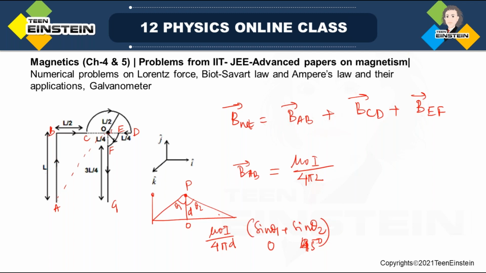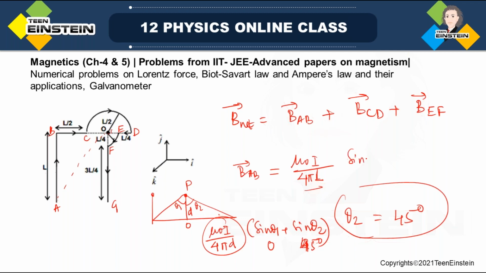That's why it is 45. So theta 2 will be 45 degree for the given geometry, because this is L and this is also L. Now we have to write down what we get here. This thing is already there, and from here we will get sine 45.